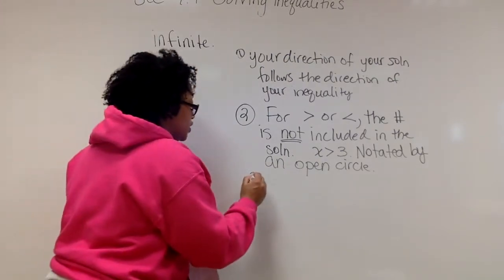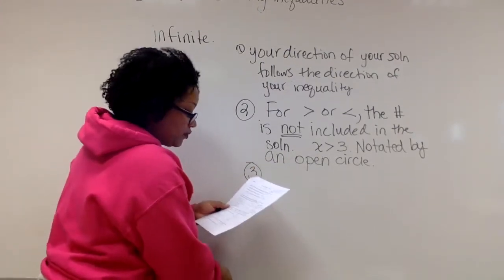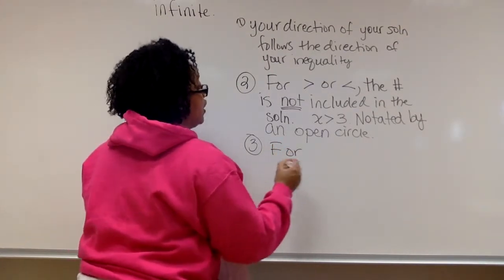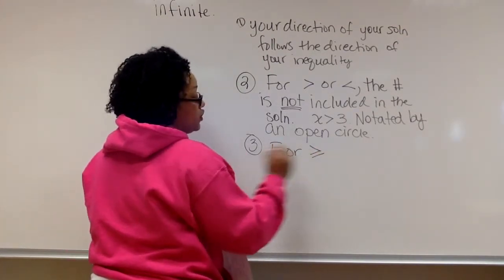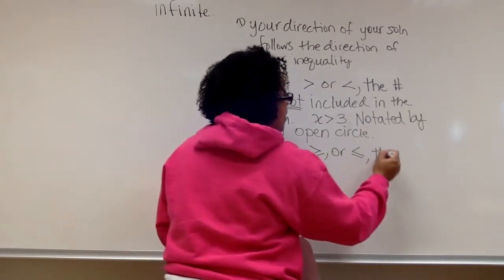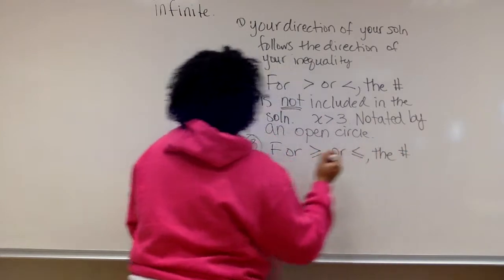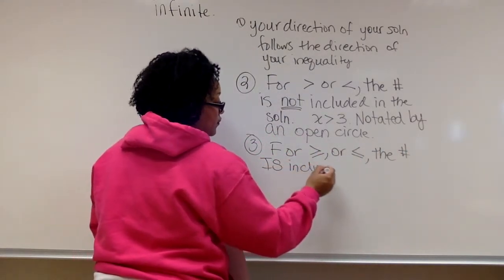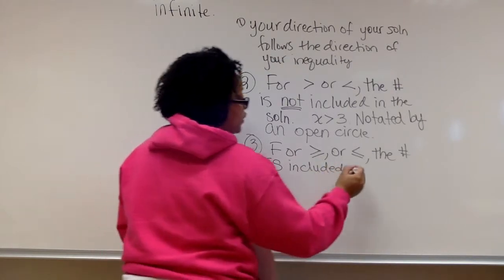Then the third thing you need to remember is that when you have the equal to's, for greater than or equal to or less than or equal to, the number, whatever number you're solving for, is included in the solution.